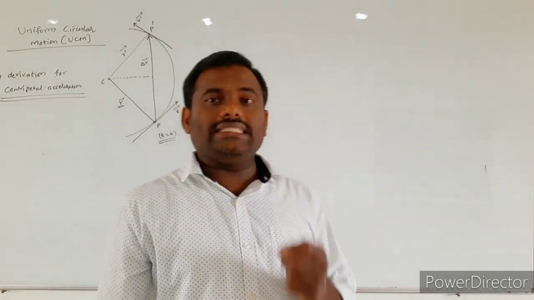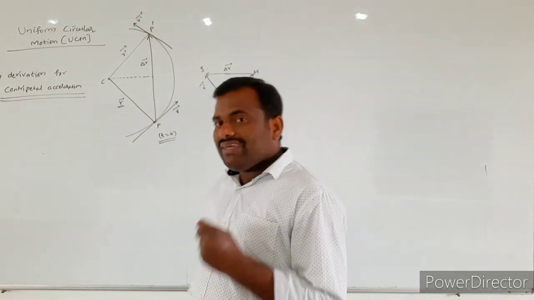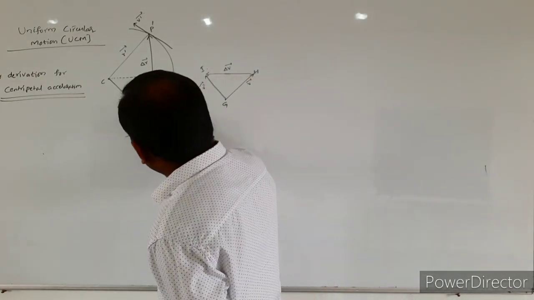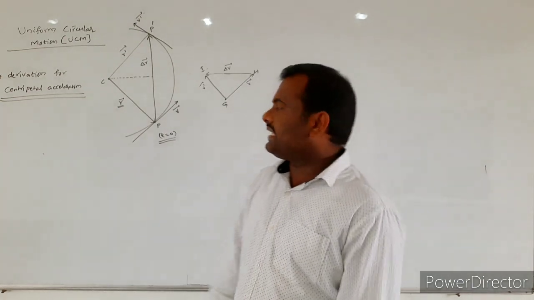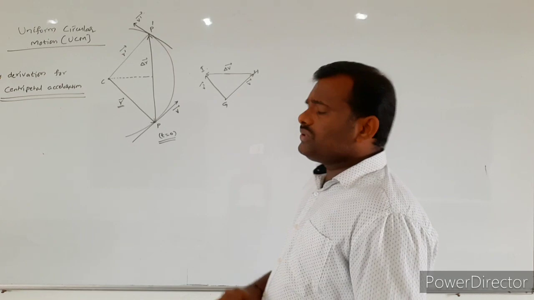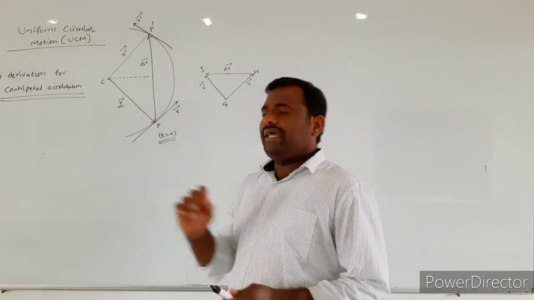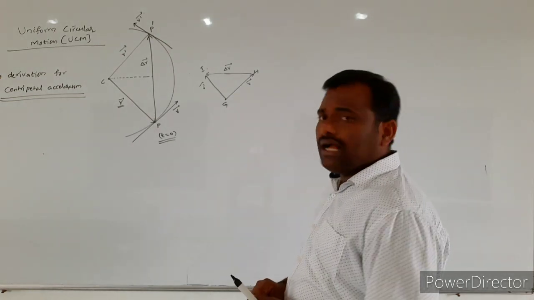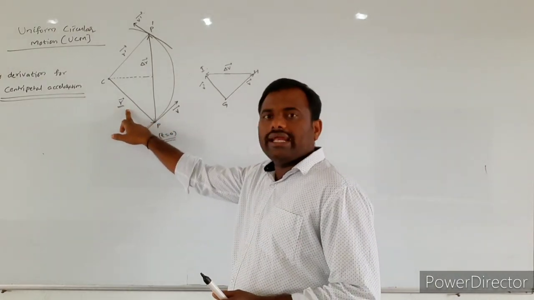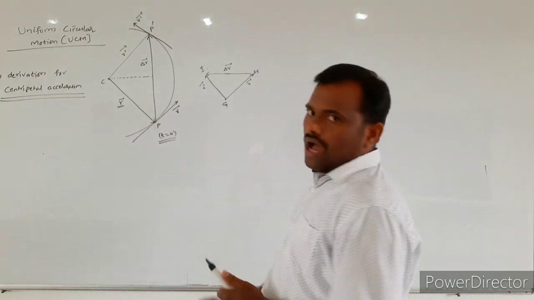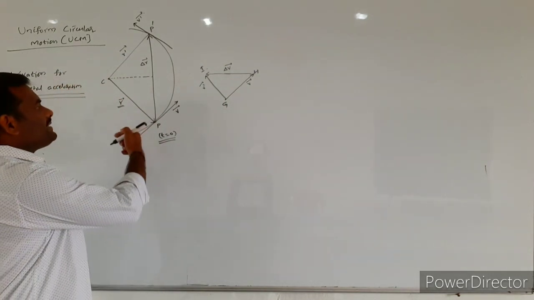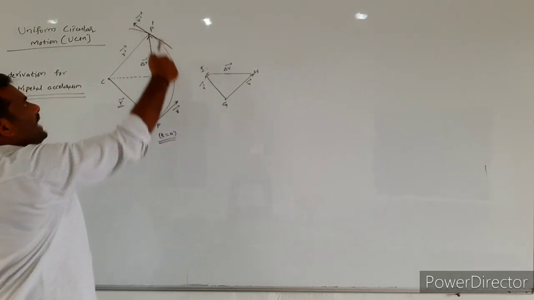Vector means it has magnitude and also indicates the corresponding direction. Because of its motion, the particle's position will change from time to time.